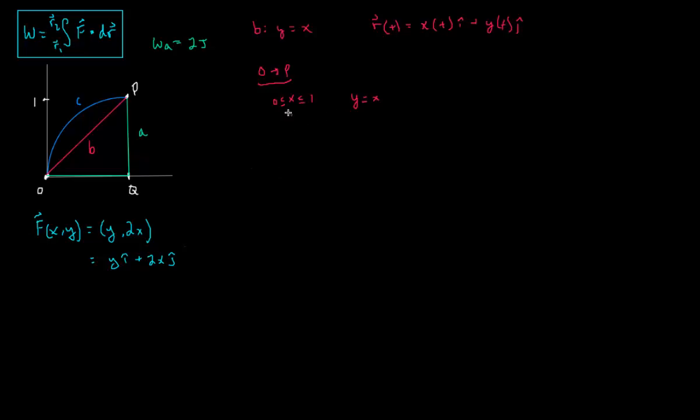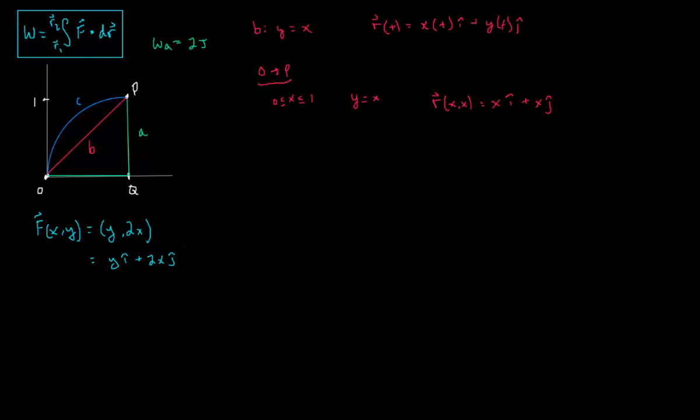Pretty simple. So my r is r of x, where y is x, equal to x in the i hat direction plus x in the j hat direction.